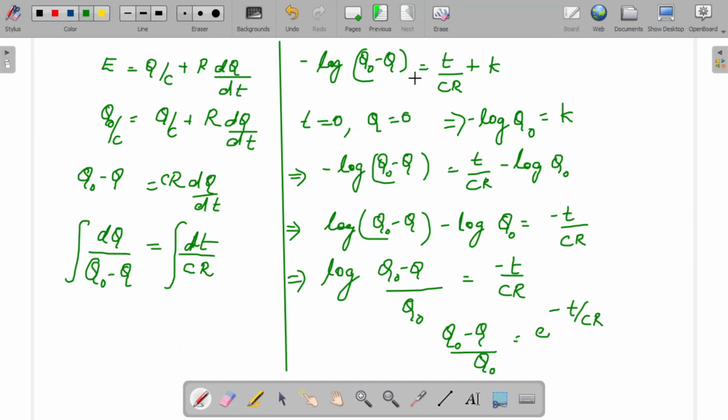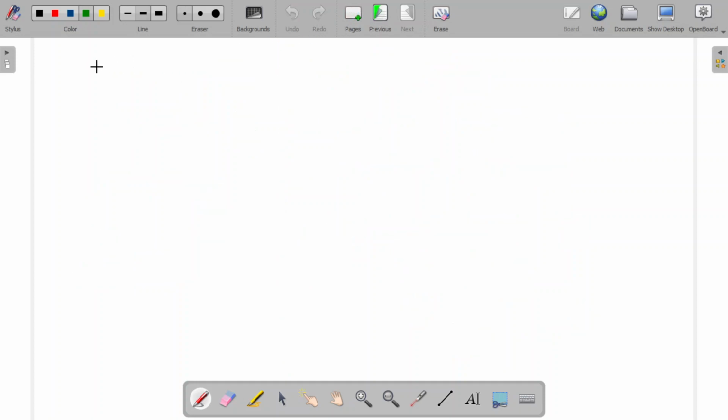Or I can write this expression, after division, as 1 minus Q by Q0 is equal to e raised to minus t by CR, right? So when you rearrange it, I want to get Q out of this relation.